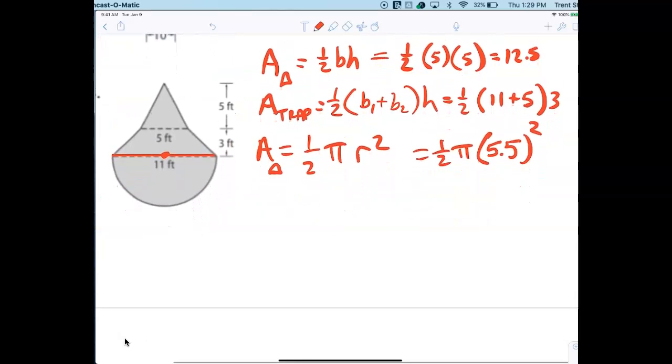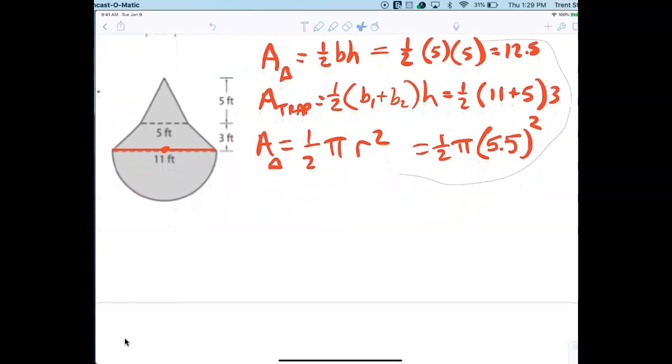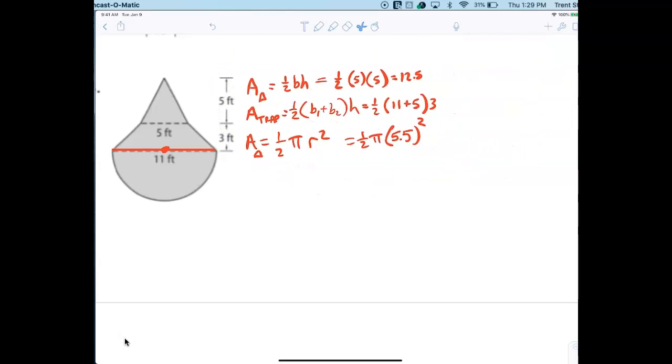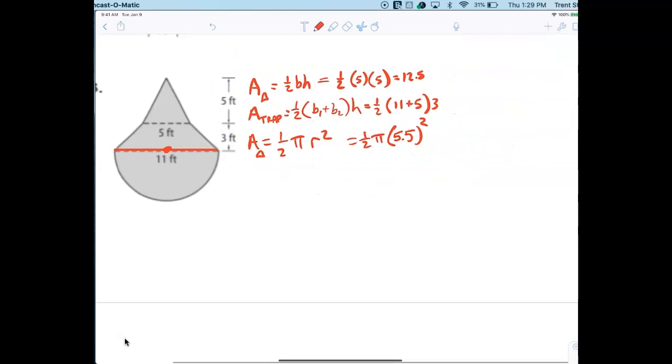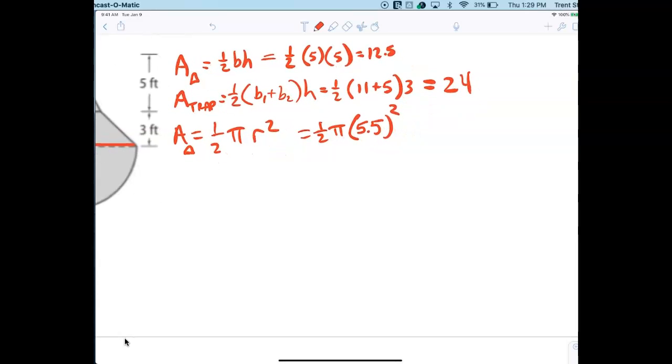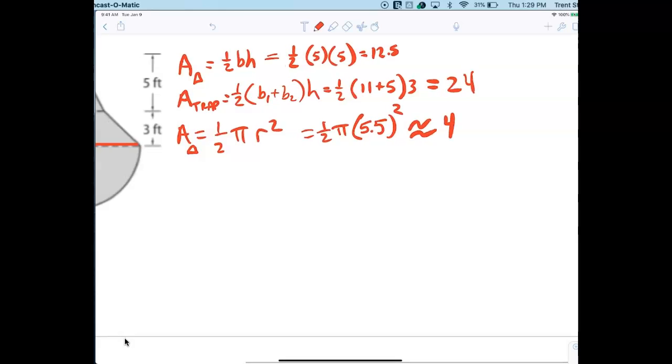I'm going to shrink it down a little bit. Hold on. Give me a second. All right, now you got to do half of pi times 5.5 squared. Use your calculator. Tell me what that is. 47.5. Anybody else get 47.51 approximately?